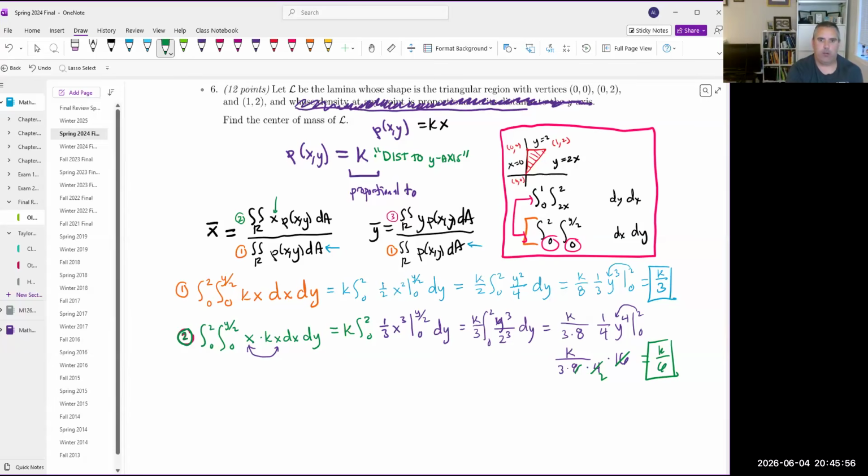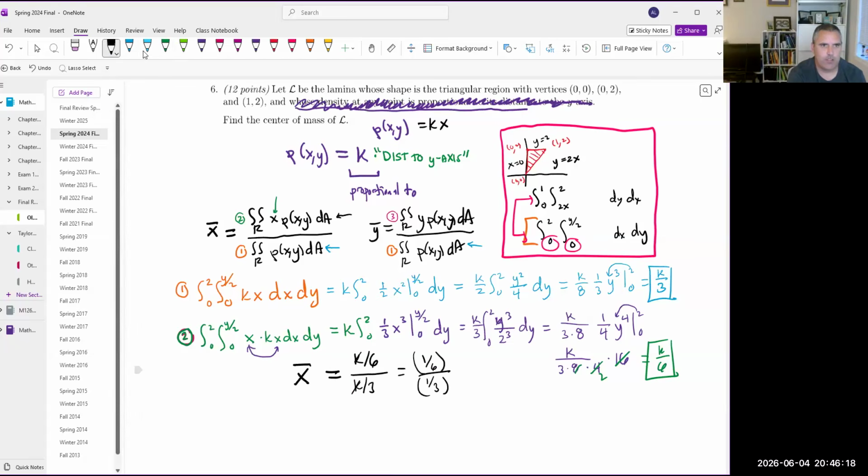Okay, so I'm happy so far. That means I know what x bar is, if I did all that right. x bar is k over 6, which is what we just computed, divided by k over 3. Okay, the k's don't matter. And now we get to test everyone's fraction skills.